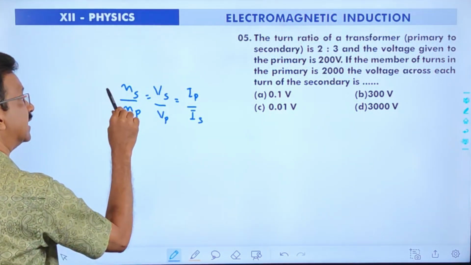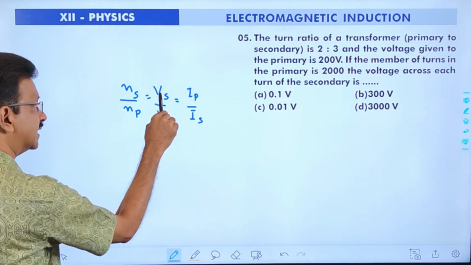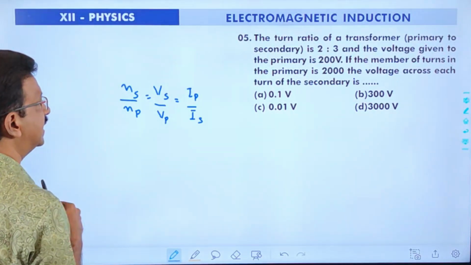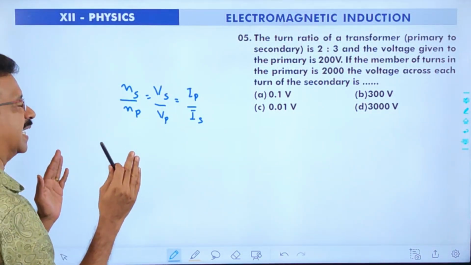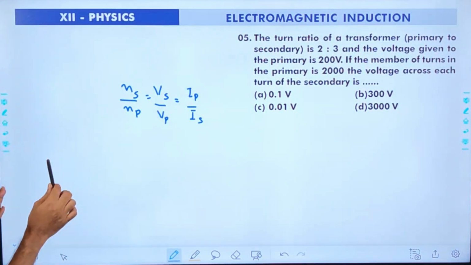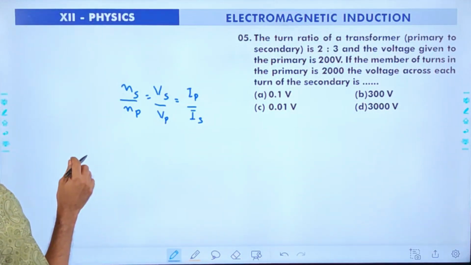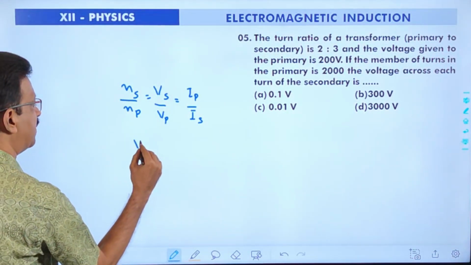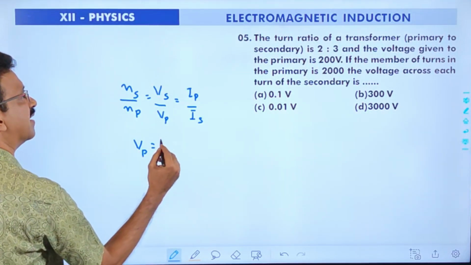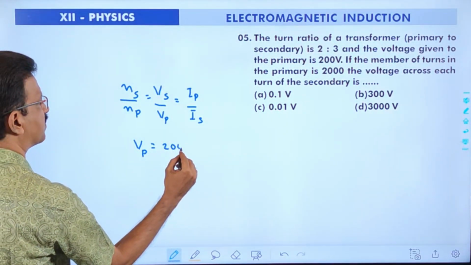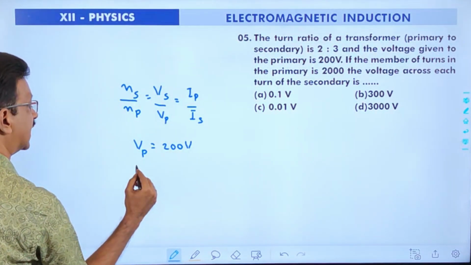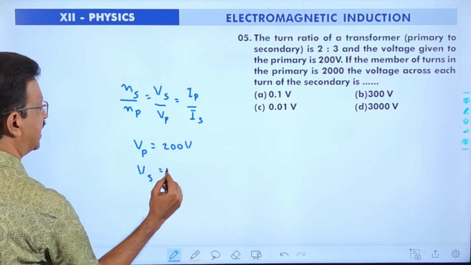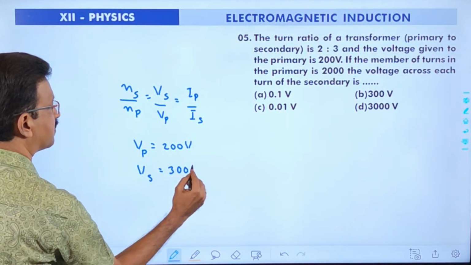That is, a step-up transformer increases the voltage but decreases the current. Power remains the same across primary and secondary. Here, the turns ratio is 2:3 and the primary voltage Vp is given as 200 volt. Therefore, total secondary voltage will be 300 volt.